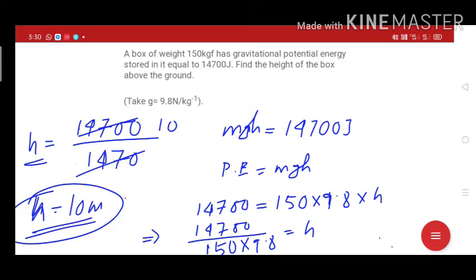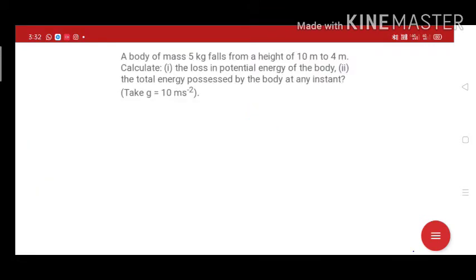The fourth question: a body of mass 5 kg falls from a height of 10 meter to 4 meter. That means a body was previously placed at 10 meter and then it dropped to 4 meter.